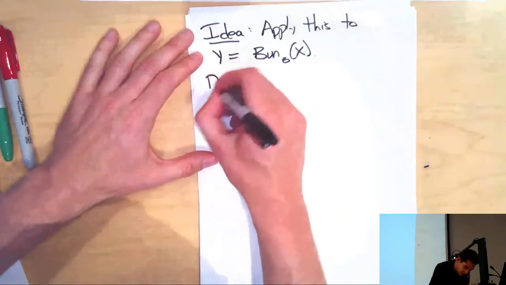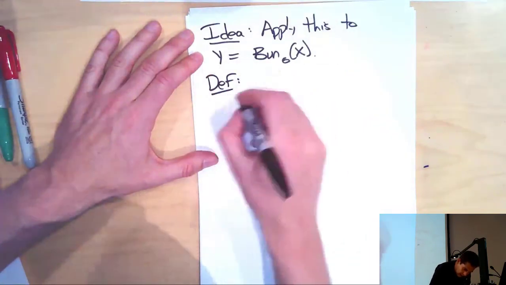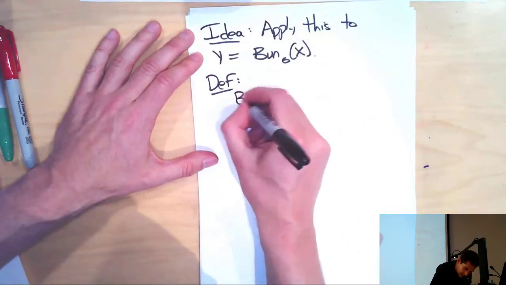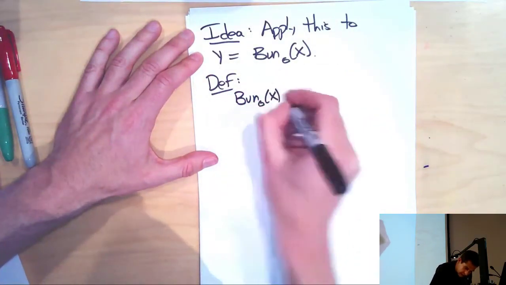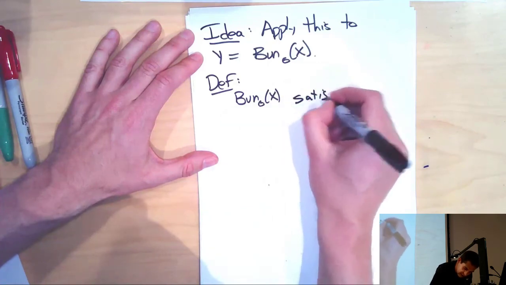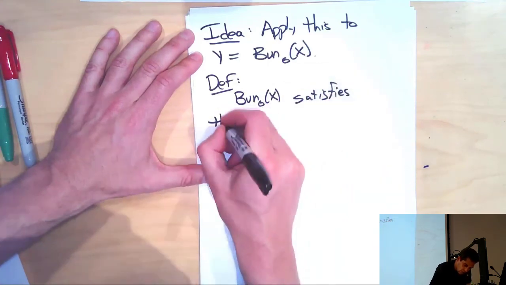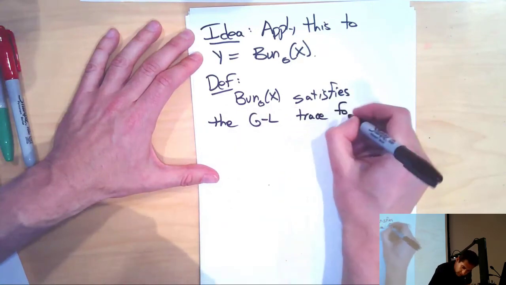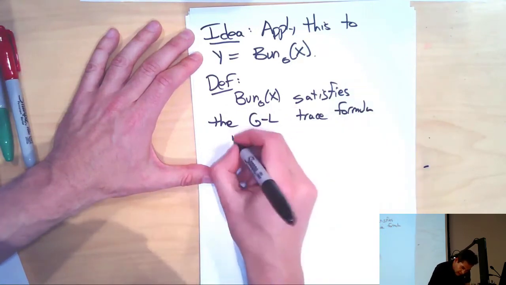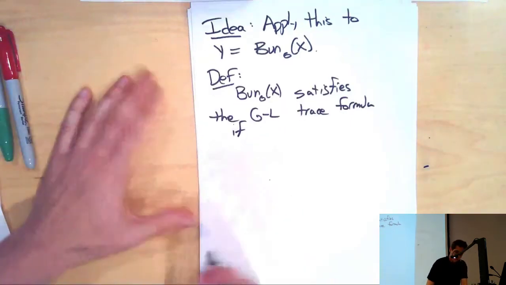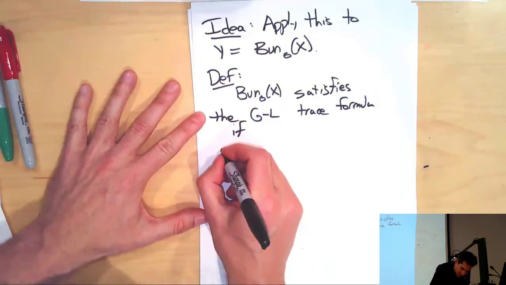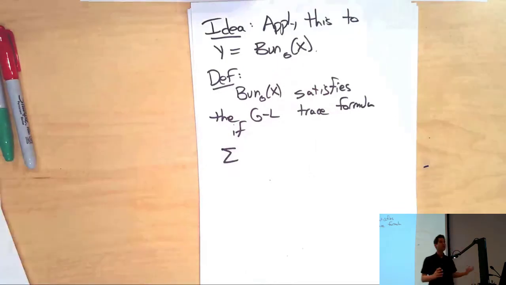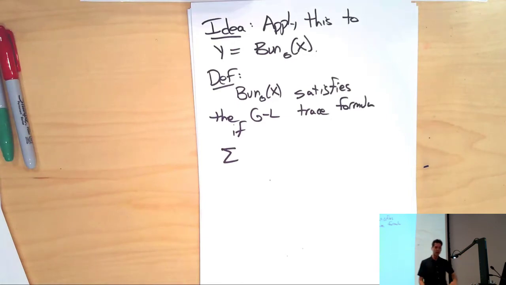Definition: Bun_G(X) satisfies the Grothendieck-Lefschetz trace formula if it should tell us something about the number of points of Bun_G(X) over F_q, but now I mean number of points interpreted in the earlier sense. I'm counting points with multiplicity.